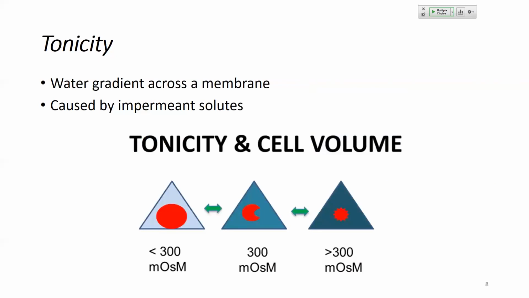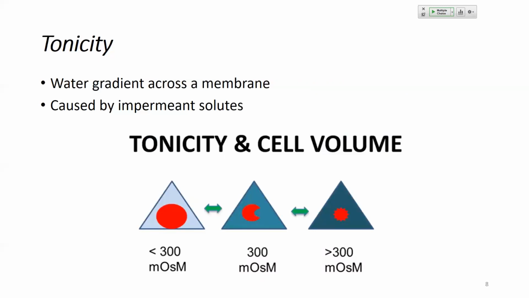Tonicity is only taking into consideration the impermeable solutes, that is, the solutes that cannot move across that membrane. And we'll talk about an example shortly, but tonicity really speaks about what effect this solution has on the cell. Does it shrink? Does it swell? Does it lyse?